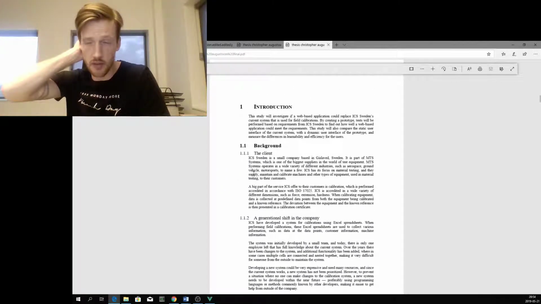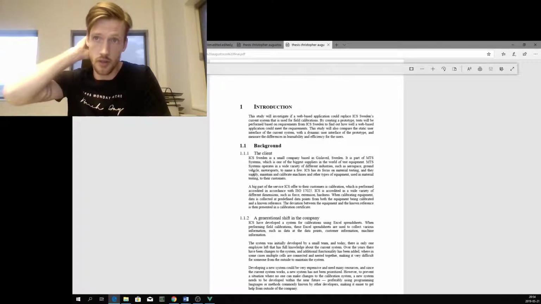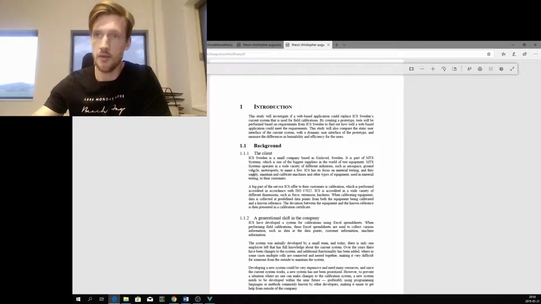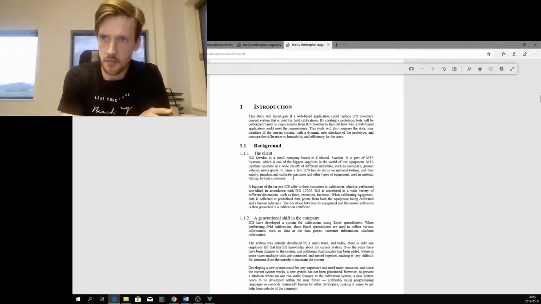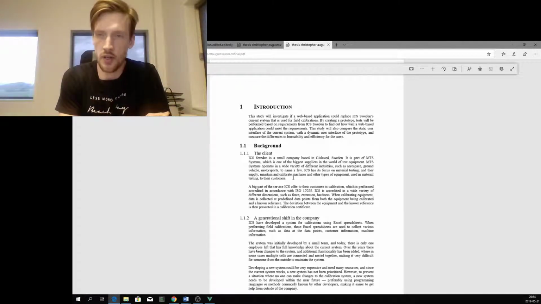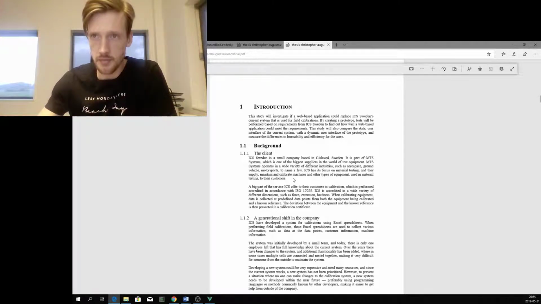Now the background to this study starts with the client ICS, which is a small company with about 7 employees who has its focus on equipment for material testing. They have a wide variety of different equipment and different types of testing.